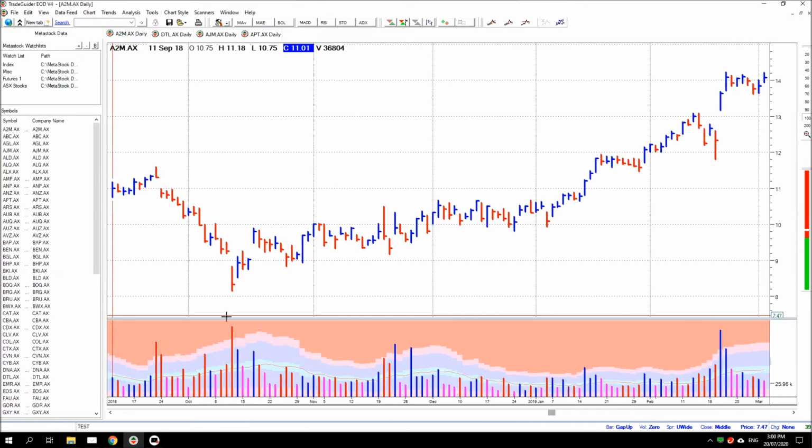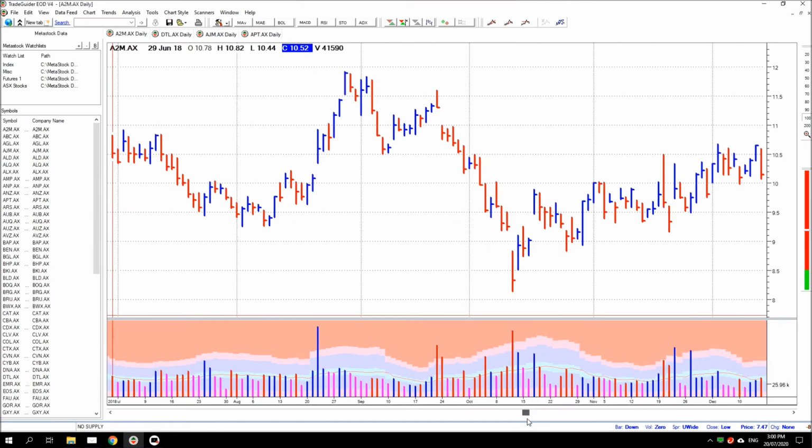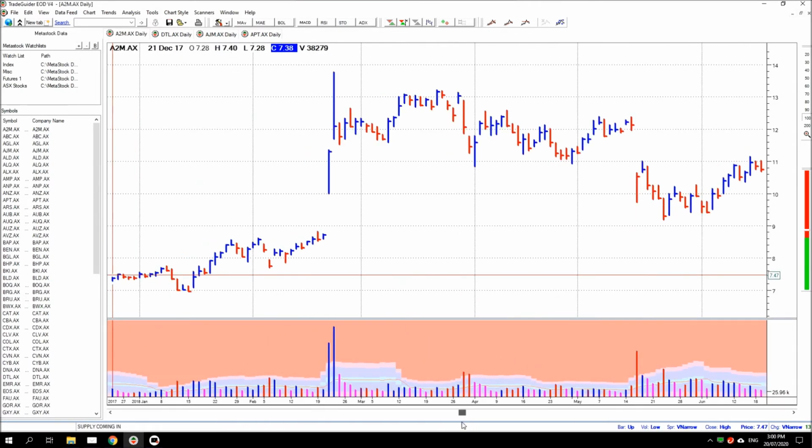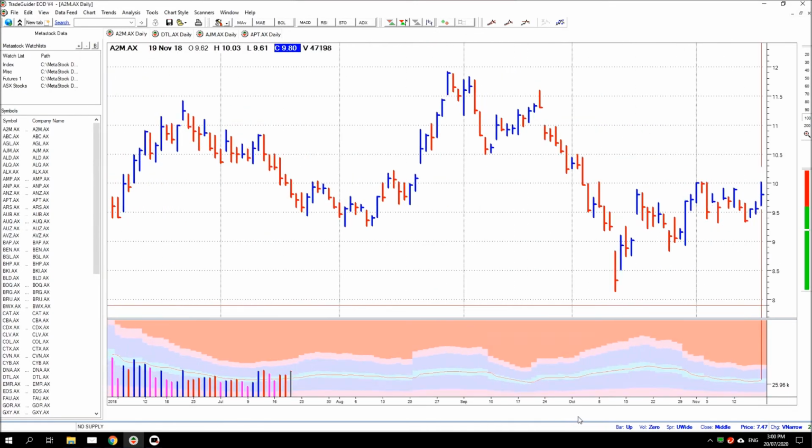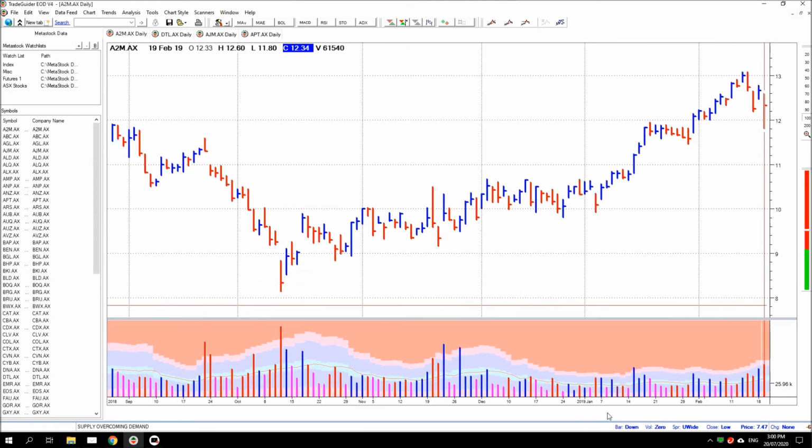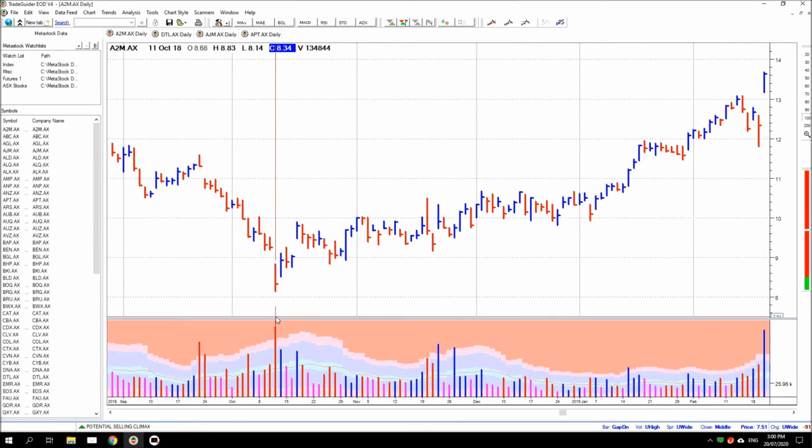This is A2 milk. You can see price has been travelling sideways. It's also in reaccumulation mode after some form of selling here. Now here in this stock, you can see right there, price dips right down, volume's very high, and this is different because generally you would expect price to come back down and retest the lows, but it's too strong.